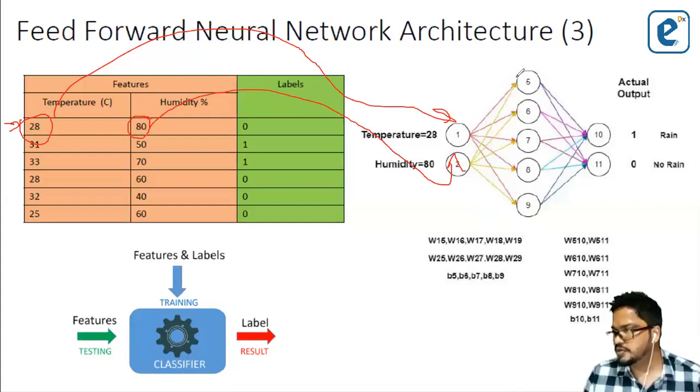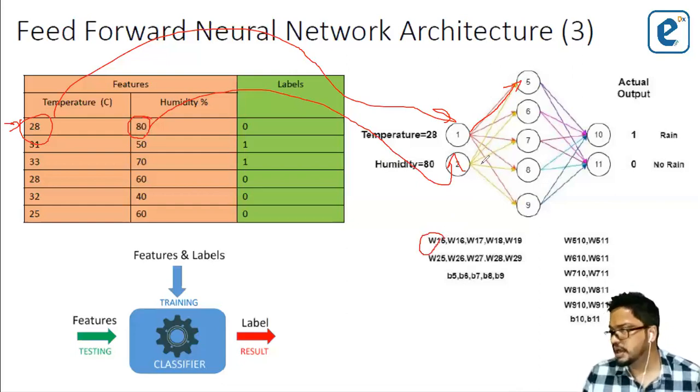Now I have used a simple convention here. I have given a number to all the neurons in this neural network. This is a neural network designed by me, a random neural network for my problem. The weight of the net connecting neuron 1 and 5 is known as weight 1,5.